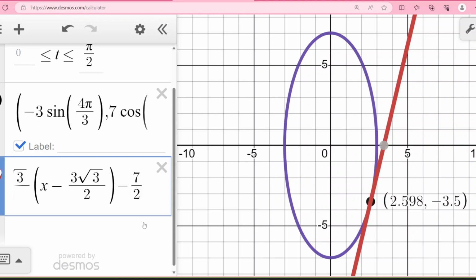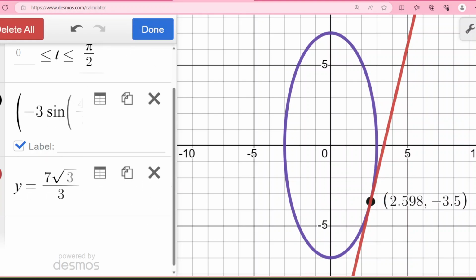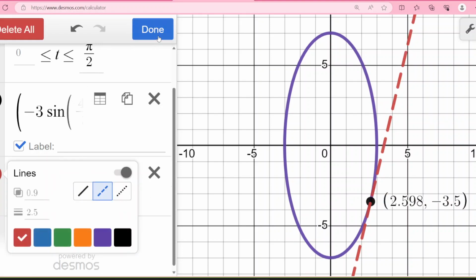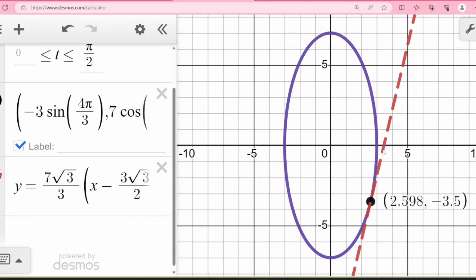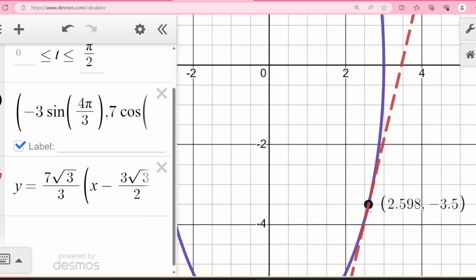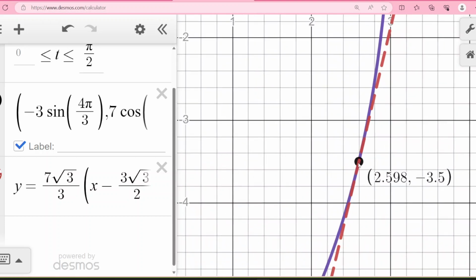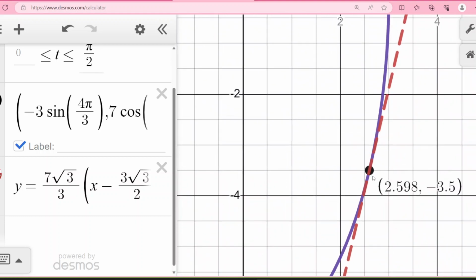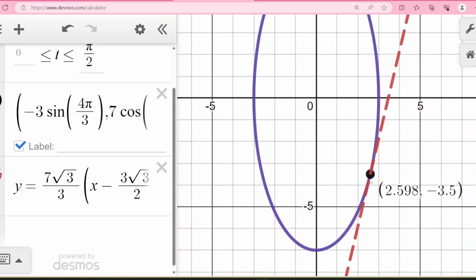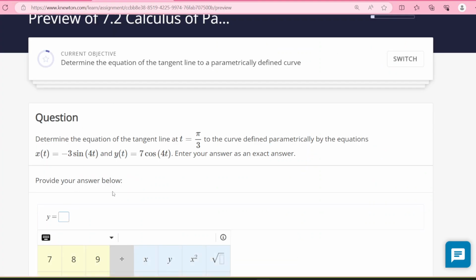I'll make it a dashed line here. And you see that that line is definitely tangent to the curve at this point. It's touching that curve at just that single point there. So tangent to the ellipse at that point. So this is a correct line. And that's what I'll type here.